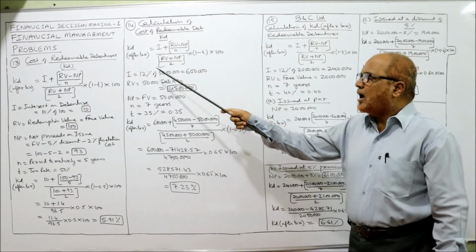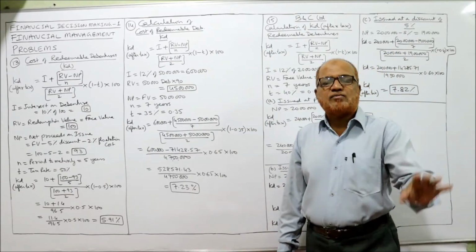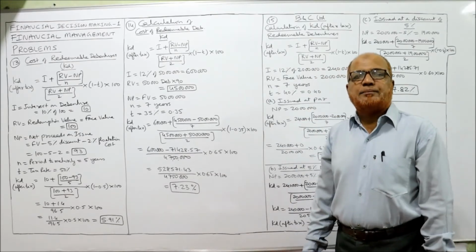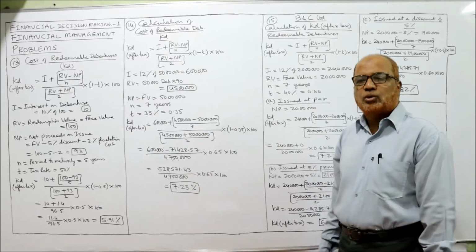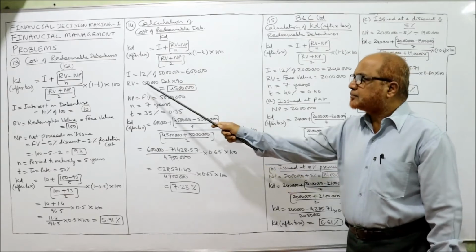Exactly same. I, interest on debentures, 12% of the face value of the debentures. The face value of all debentures 50 lakh. 50,000 debentures into 100 rupees each. So 50 lakh. So 12% of 50 lakh, 6 lakh rupees I.